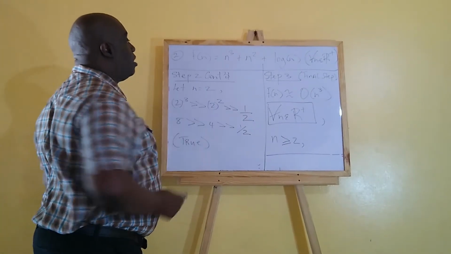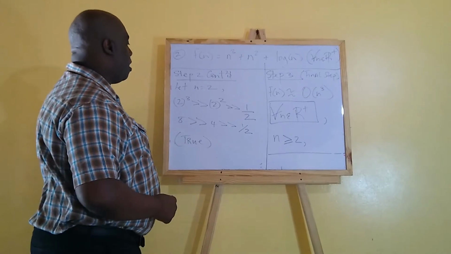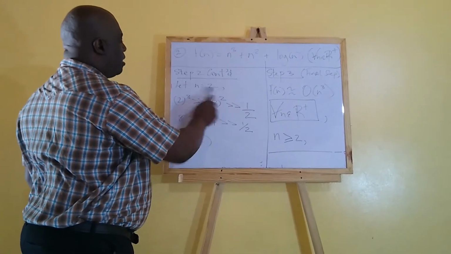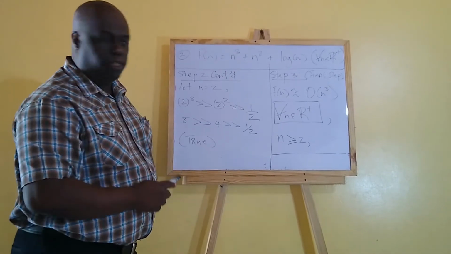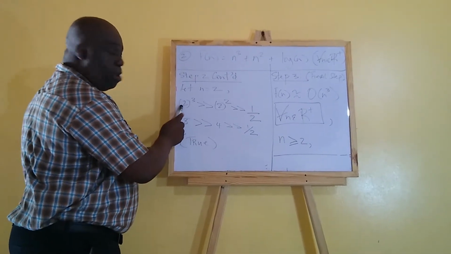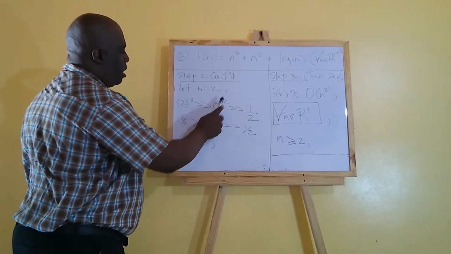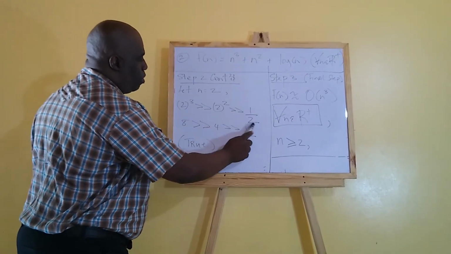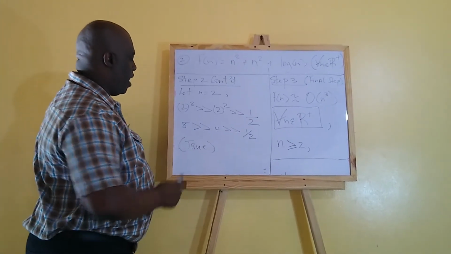So our solution is to demonstrate or show the truth of this particular scenario. So when we say n is equivalent to 2, seeing that when n was 1, the entire condition was false, we are now seeing that when we plug n at 2, we get 2 cubed, which is much greater than 2 squared, which is much greater than 1 over 2, because we are simply substituting for the value of n.